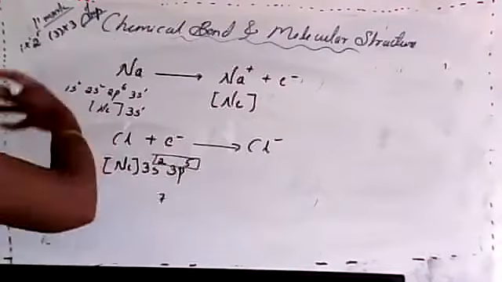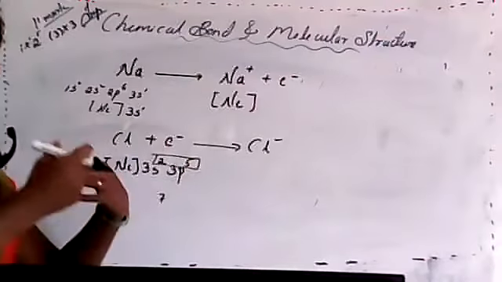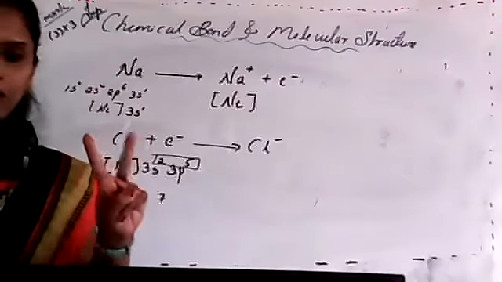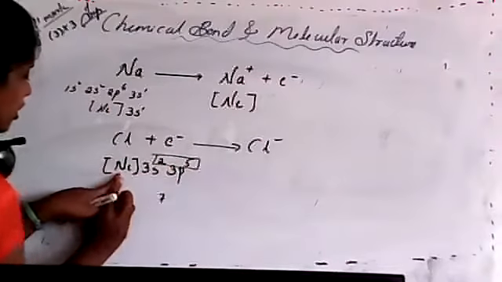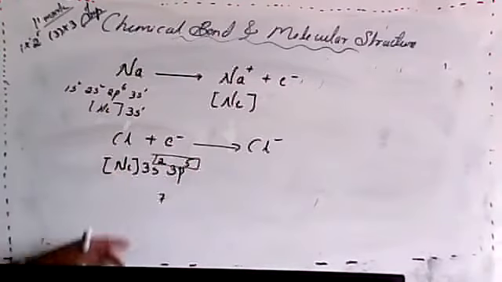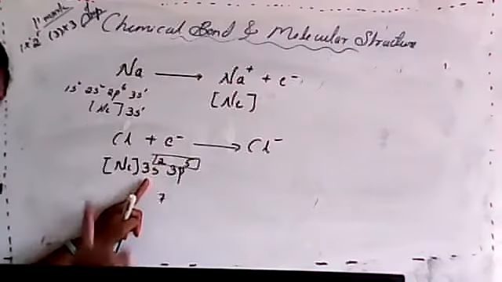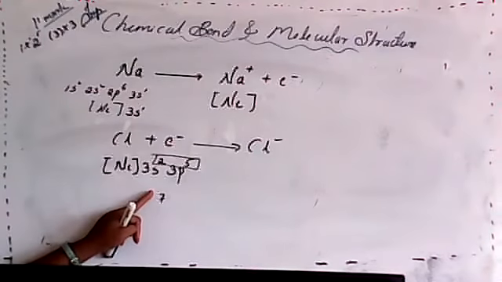Either you have to remove all those 7 electrons, or else you have to add 1 electron to form a stable electronic configuration. So there are 2 ways, isn't it? If I remove all the 7 electrons, it will be neon, which is again a stable electronic configuration. If I add 1 electron, it gains argon electronic configuration.